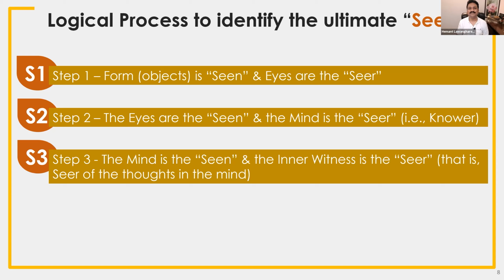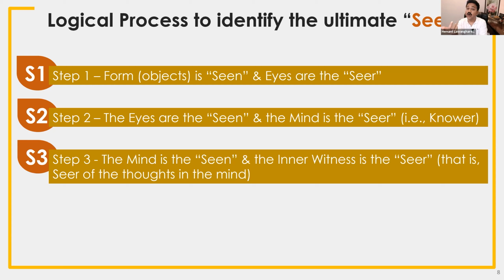Who is that who is observing my mind? I am aware of my emotions in the mind, right? I am aware how I am feeling now. I am feeling comparatively calmer now. Right? I am experiencing my emotions. I am experiencing the thoughts in my mind.